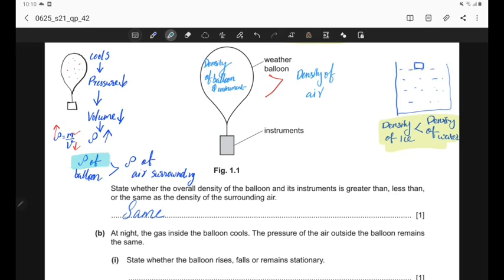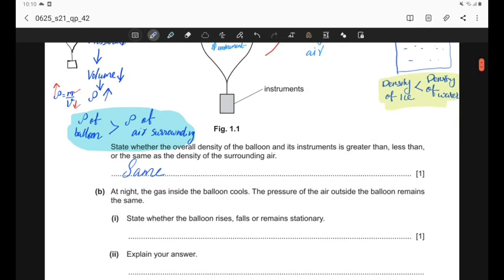The density of the balloon and instrument will be greater than the density of the surrounding air. So now the balloon will sink, because we have already seen when the density increases, the object will sink. So it will fall.